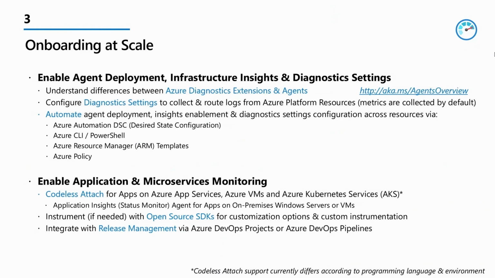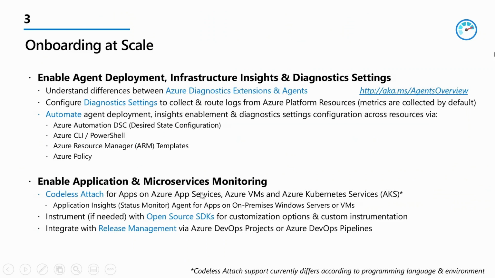When you come to application level monitoring or microservices monitoring, there are a couple of things to be aware of. Our standard recommendation is if you can use codeless attach mechanism for your applications, that's usually the easiest approach and the easiest to basically manage all of your updates very effectively.